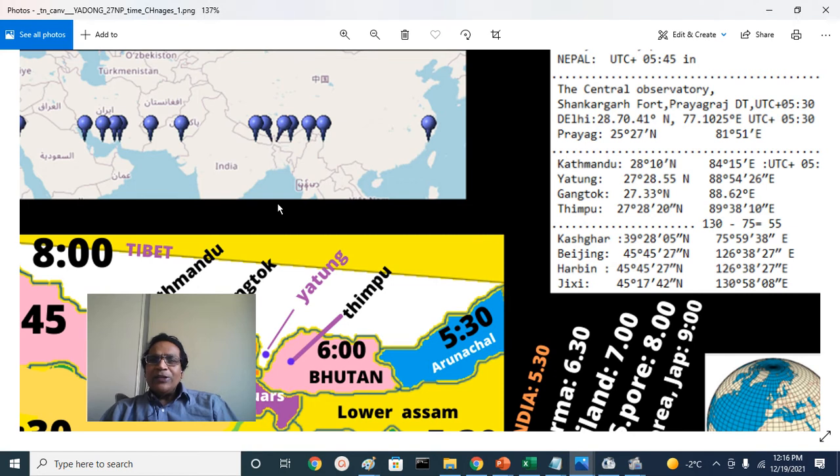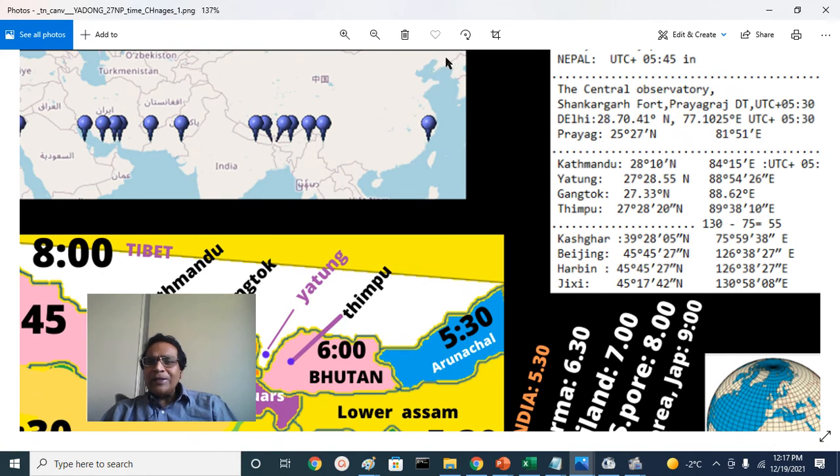That is, Kashgar is on 39 degrees. It is east of the 70 degrees meridian, I see. Whereas Beijing is 126. In the eastern part of China, there is a town called Harbin that is 126. And the easternmost part of China is 130, close to the Amur River and Korea.